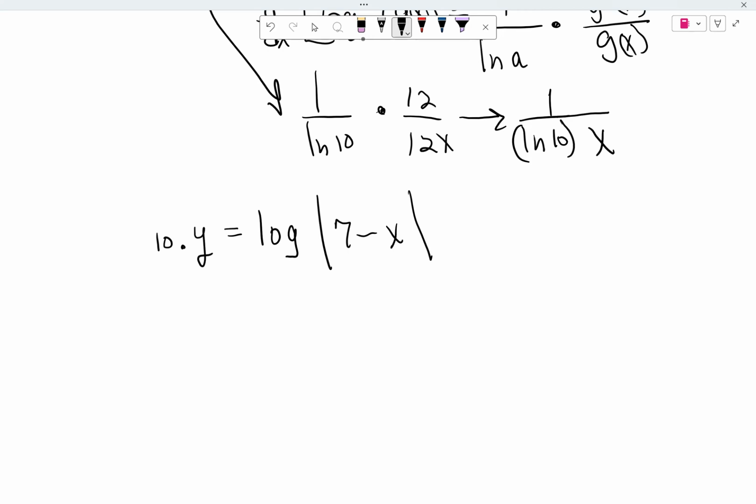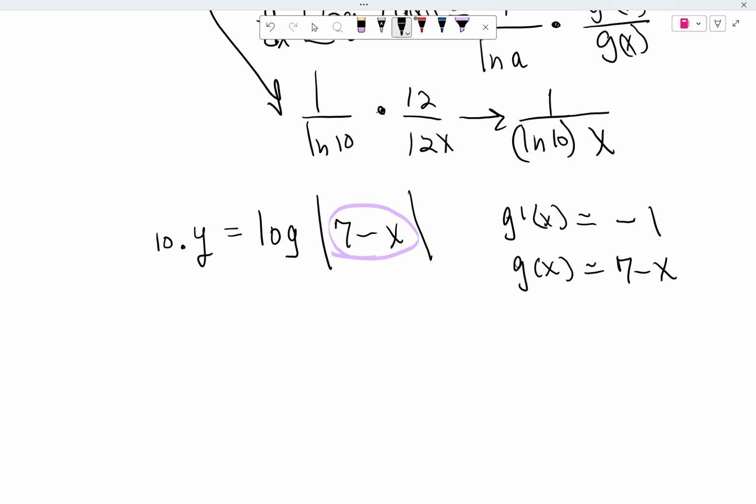So I want you to remember that I'm looking at this 7 minus x. And I'm thinking that the first derivative of the 7 minus x is simply going to be -1. The original g of x is exactly what you see, the 7 minus x.